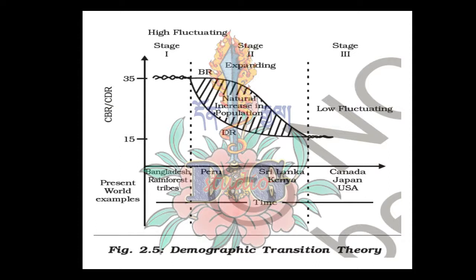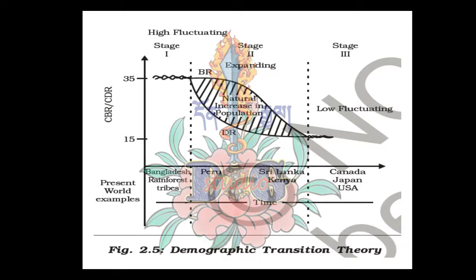Most people are engaged in primary activities. So these countries experience high birth rate and high death rate, and the whole population of the region remains almost the same or stagnant.